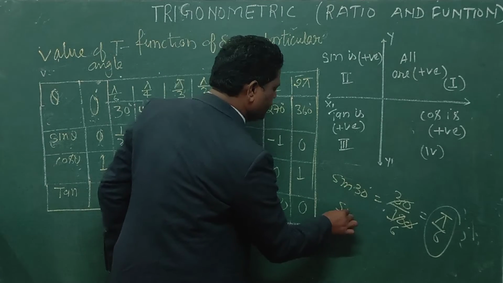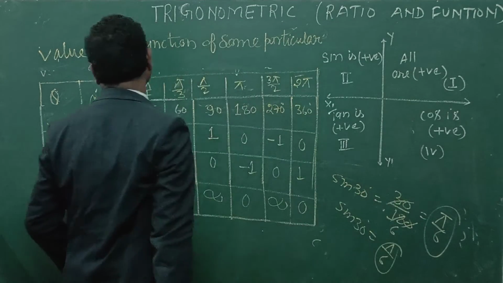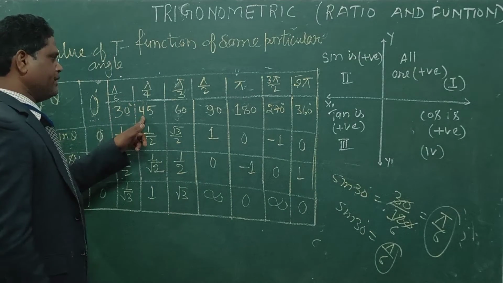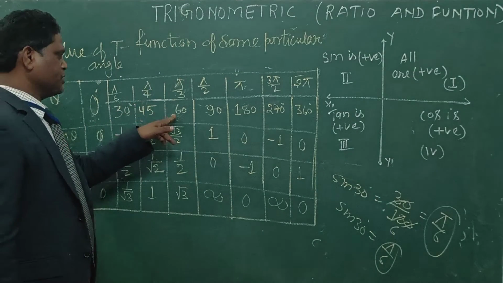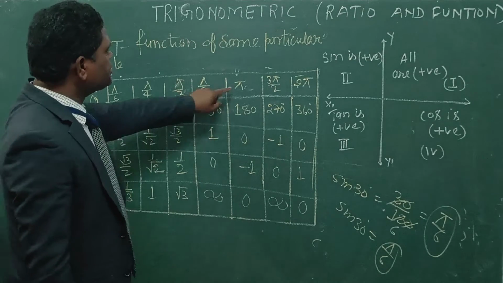Sin 30 degree, if we write it in pi, is pi by 6. Pi by 4 is 45 degree, pi by 3 is 60 degree, pi by 2 is 90 degree, and pi is 180 degree.